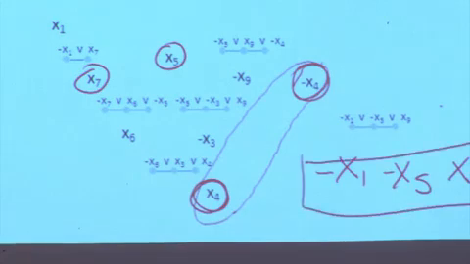So essentially what this is saying is that based on what I learned from these random assignments, I discovered that one of these things has to be true. That it cannot be the case that x1 is true, and x5 is true, and x9 is false. That cannot happen, and I know that cannot happen because when I tried that, things blew up. I ended up with a contradiction.